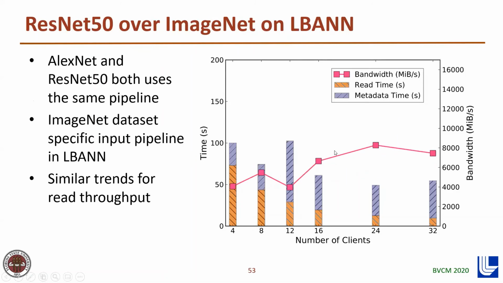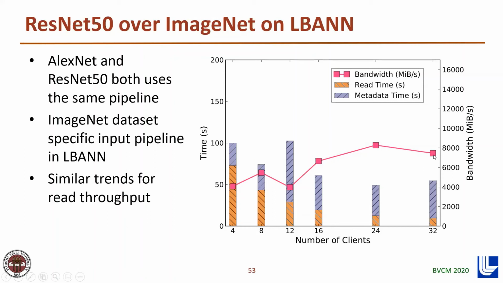And apart from that, we used ResNet 50 over ImageNet on LBANN. And in this case, we've seen similar results for ResNet 50 as we got for the LXNet deep learning application. And we also see here that though the read time is lessening, the metadata overhead is governing the whole IO time.